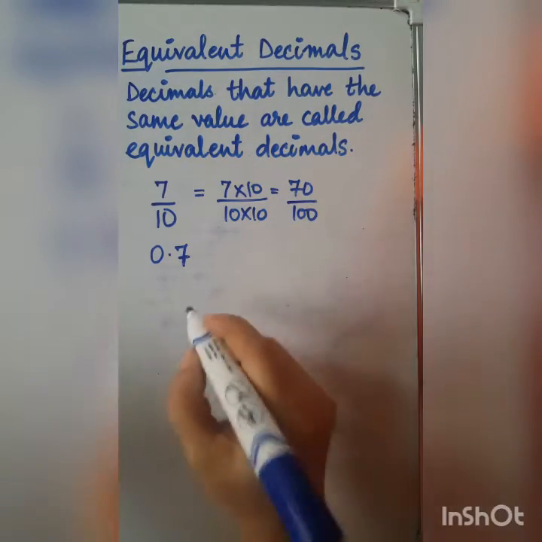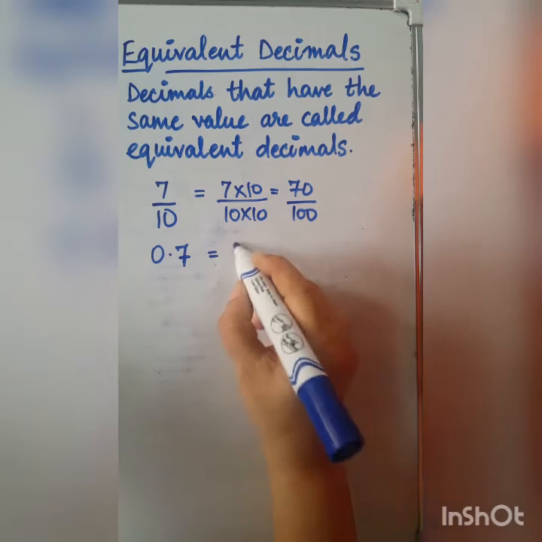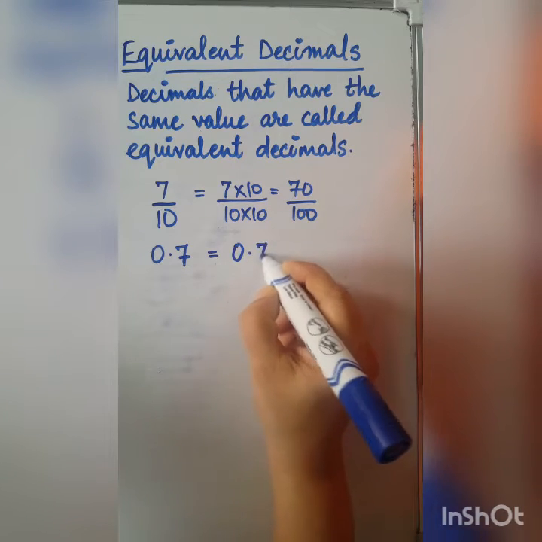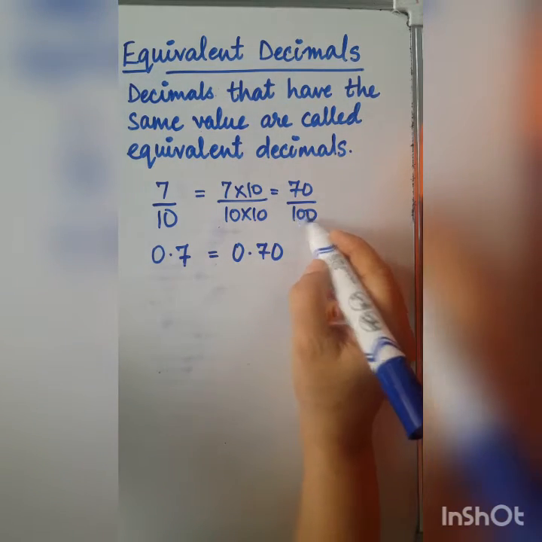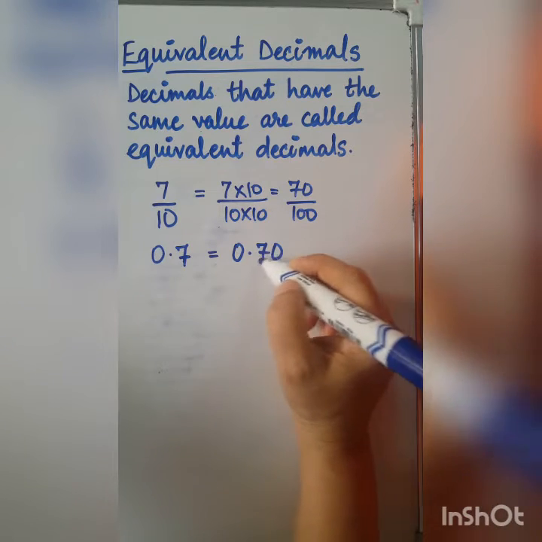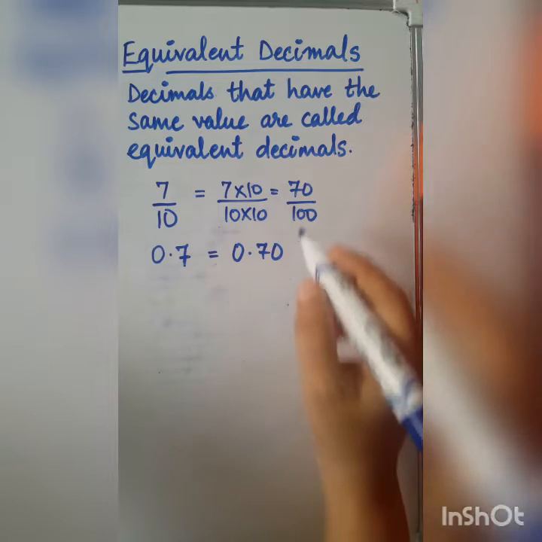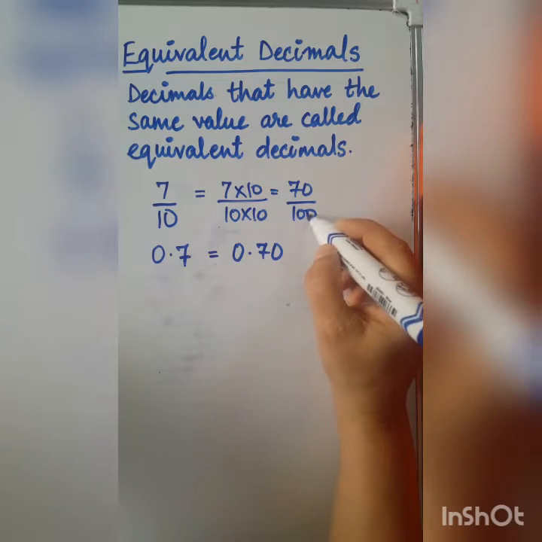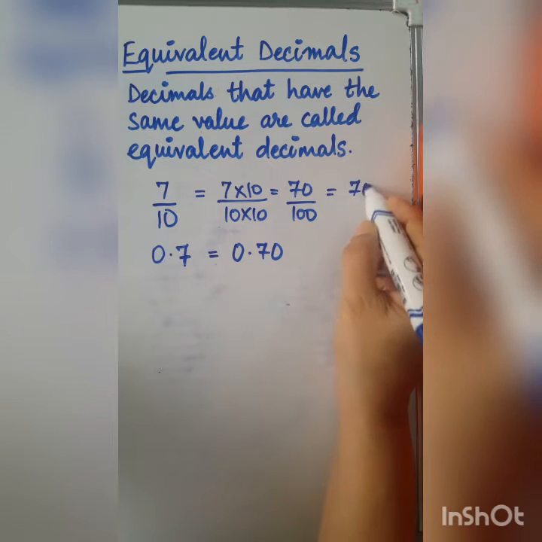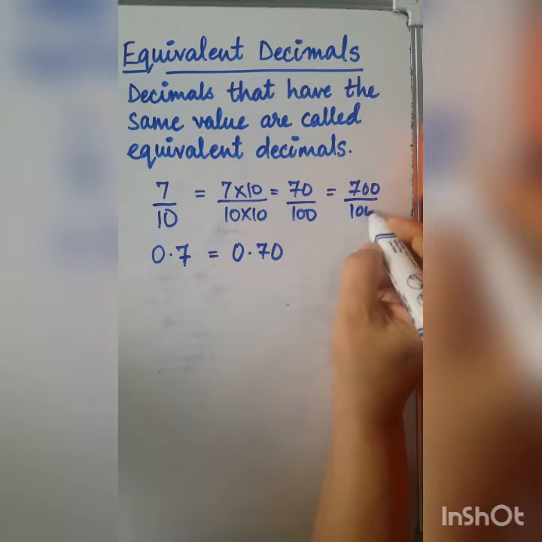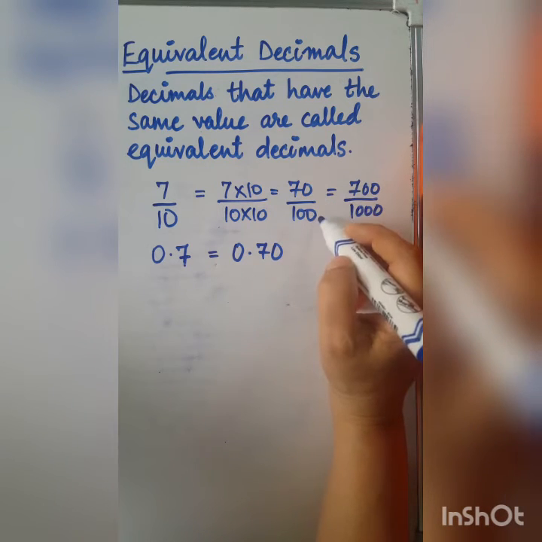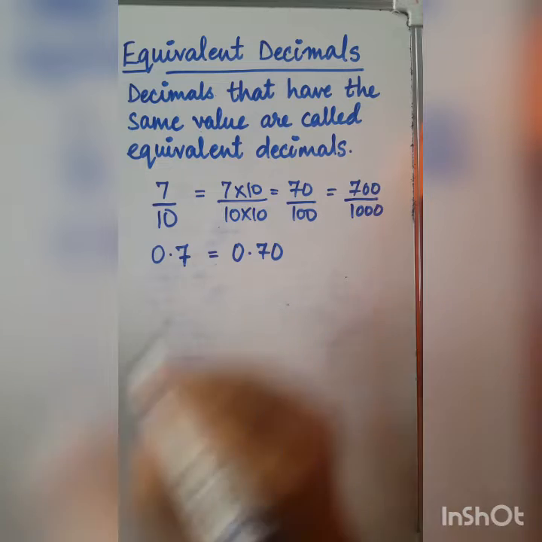Okay. This 70 by 100 I can write as 0.70. Here there are two zeros, therefore I will place the decimal after two digits from the right. Similarly, 70 by 100 can also be written as 700 by 1000, where I multiply the denominator and the numerator both by 10.